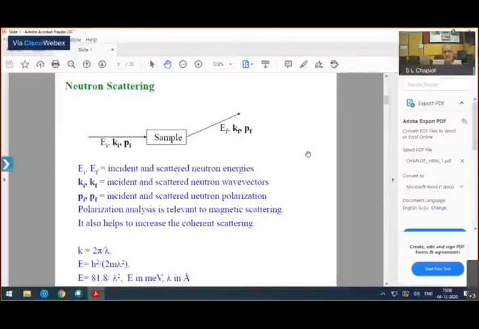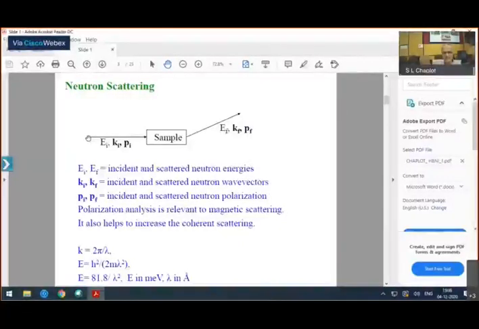Okay, so what does it involve? In neutron scattering in general, you have a neutron beam incident on a sample, and you study the neutron beam which is scattered from the sample. The beam, as you would have already studied in the basics, comes either from a nuclear reactor or a spallation neutron source or by any other means.